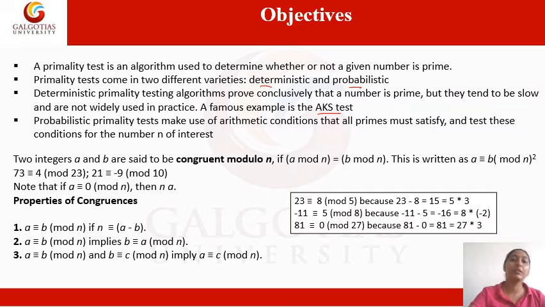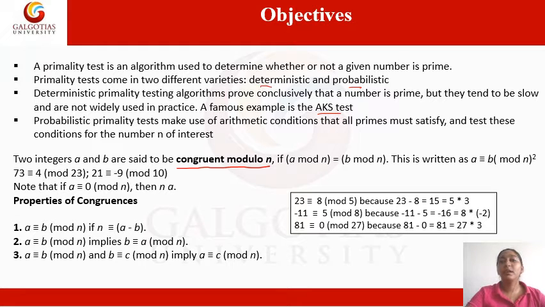Now, before going to test whether a number is prime or not, we have certain properties, and we will have to go through those properties. The first property is congruent modulo.